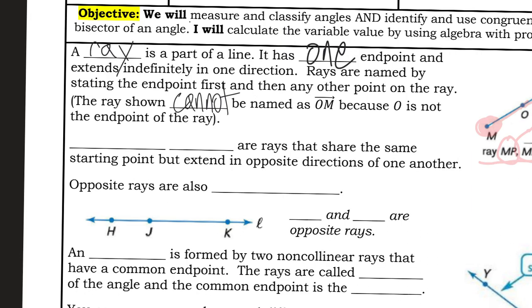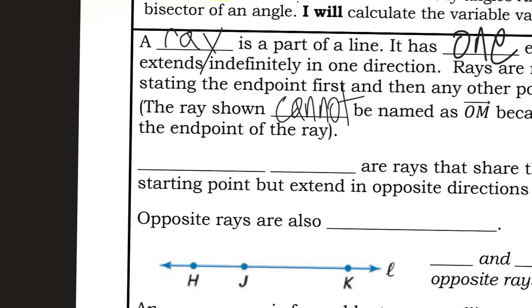This next sentence says blank blank are rays that share the same starting point but extend in opposite directions. So your keywords are rays and opposite. So the vocabulary here is opposite rays.